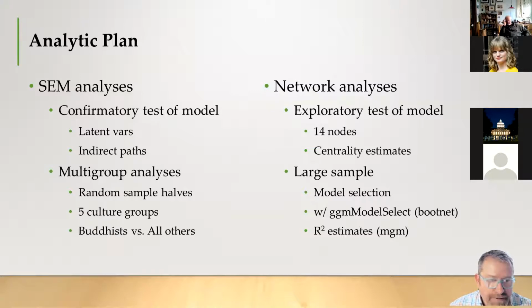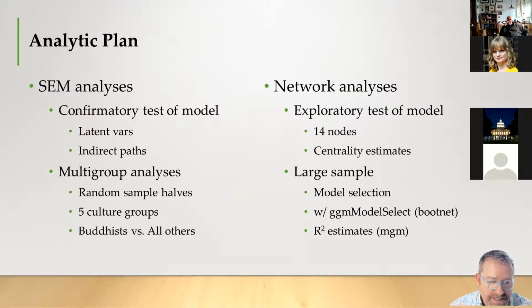We had initially planned on running structural equation model analyses to test that model that I just showed you, that we had already published a paper on. So it would let us test the exact model that we went in wanting to test. It also allowed us to create latent variables.